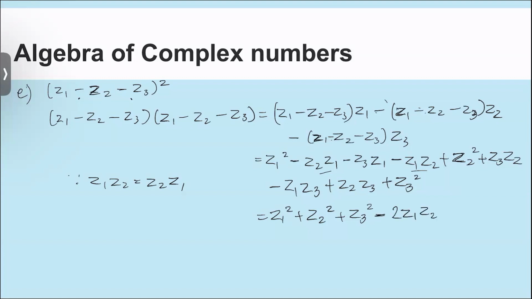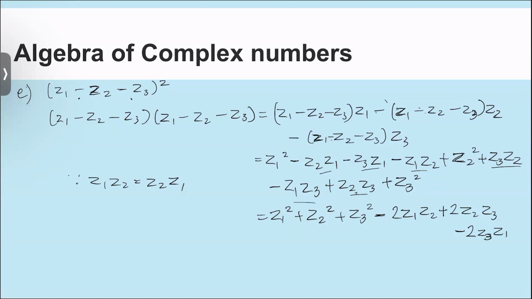Now you can see that we have Z3 Z2 and Z2 Z3, but over here your sign changes. So you have plus 2 Z2 Z3, and then you have minus Z3 Z1 and minus Z1 Z3. So that would be again minus 2 Z3 Z1.